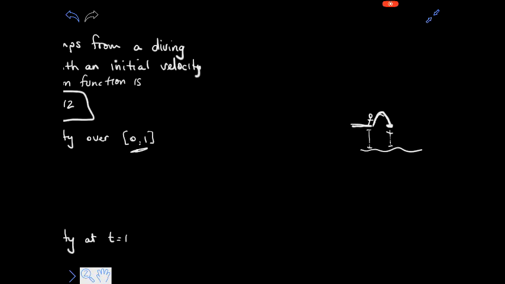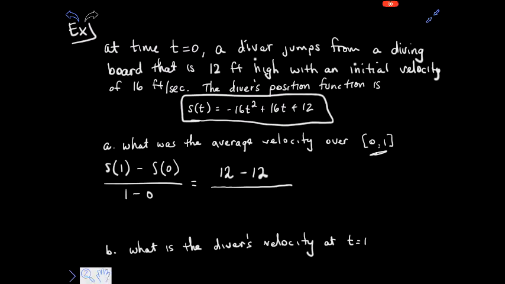The diver jumps, and then the diver might go up a little bit, but after 1 second, the diver is the same height, 12 feet. So what it sounds like is the diver went up a little bit, and then after 1 second, the diver is again 12 feet off the ground. That's how I'm making sense of this value right here, that at 1 second and at 0 seconds, the diver has the same position.